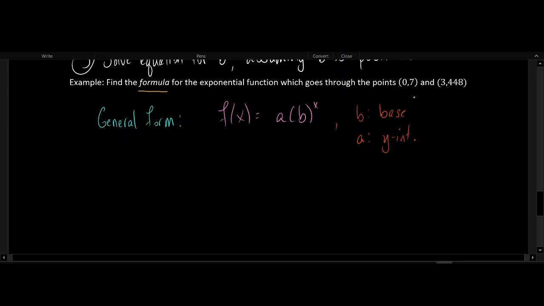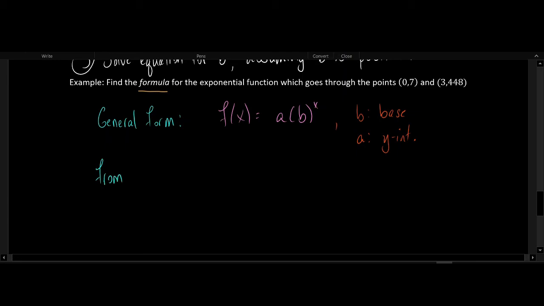Now look at the points that were given. Has any information been given to us about the y-intercept? Well, the first point that we're given is fantastic, because in the first point we have x equals 0, and therefore the y value of 7 is the y-intercept in this problem.